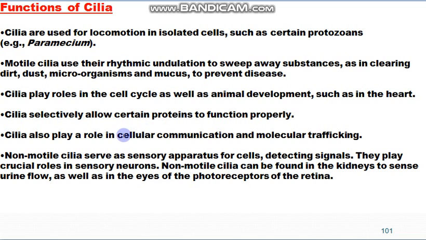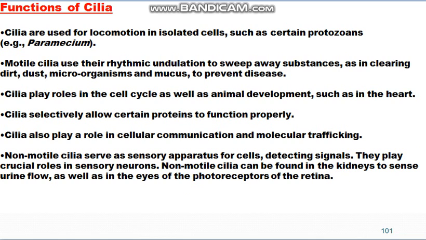Cilia play a role in cellular communication and molecular trafficking. So they also communicate molecules. Non-motile cilia serve as sensory apparatus for cells. They are sensory in function, they detect signals, and they play a crucial role in sensory neurons also. Non-motile cilia can be found in kidneys to sense urine flow, as well as in the photoreceptors of the retina in the eyes.